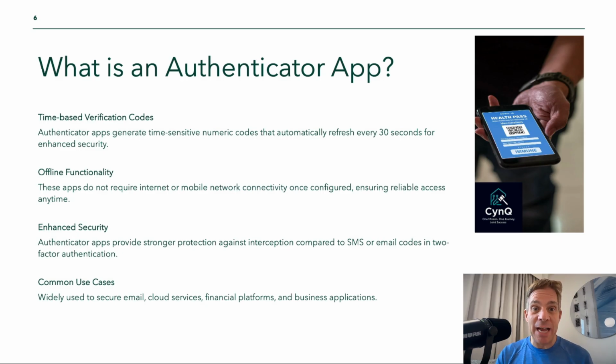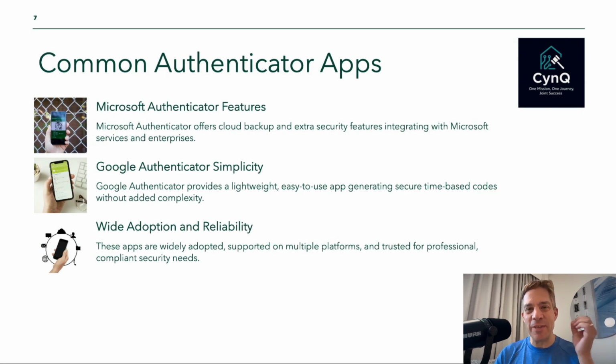Authenticator apps provide stronger protection against interception compared to SMS or email codes in two-factor authentication. And some of the common use cases, these are widely used to secure mail, cloud services, financial platforms, and business applications. So here are some of the common Authenticator apps.